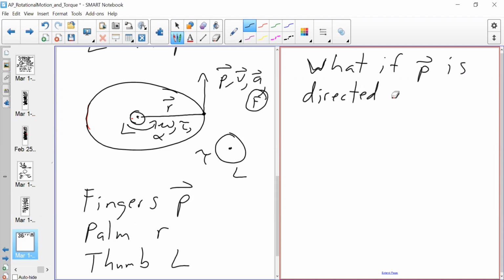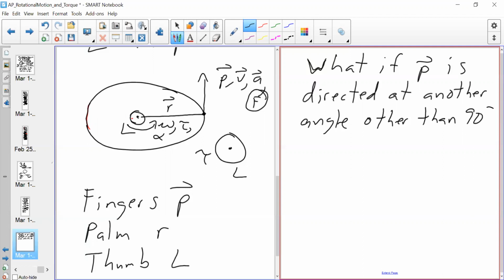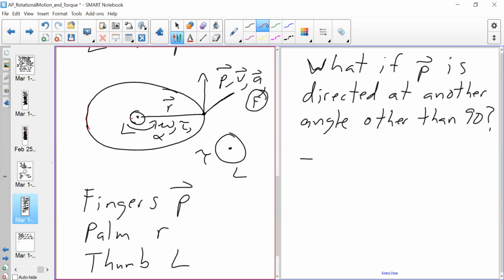What if P is directed at an angle theta?